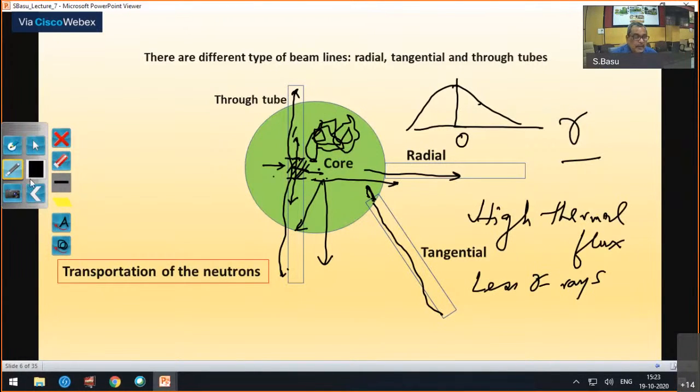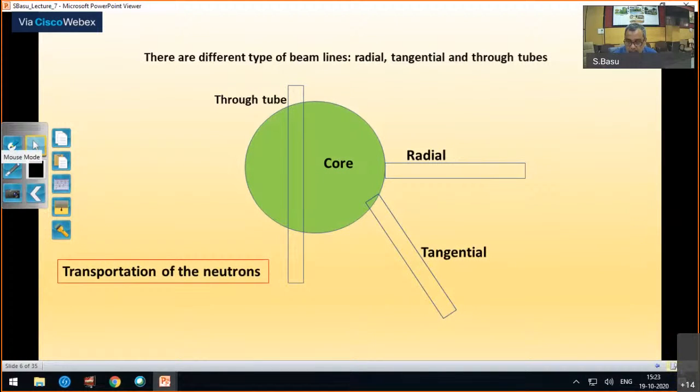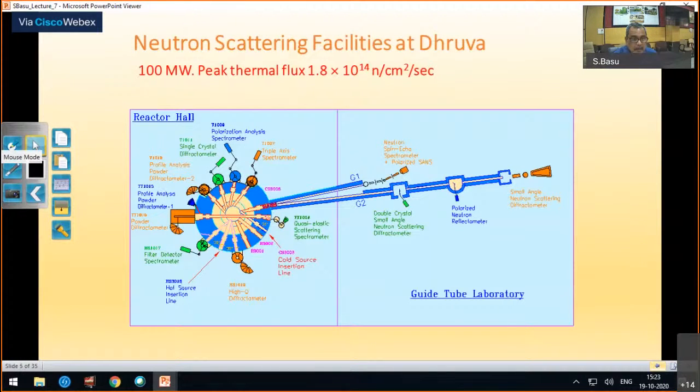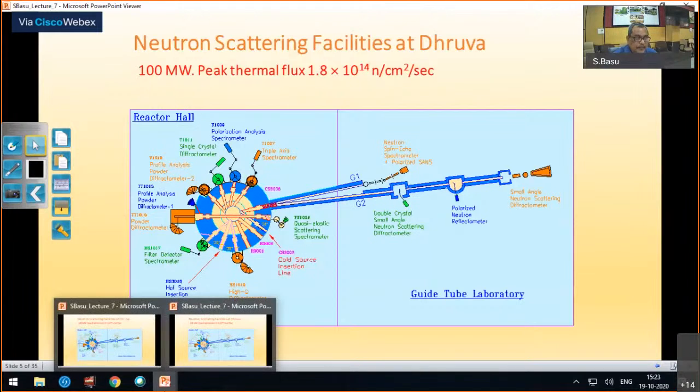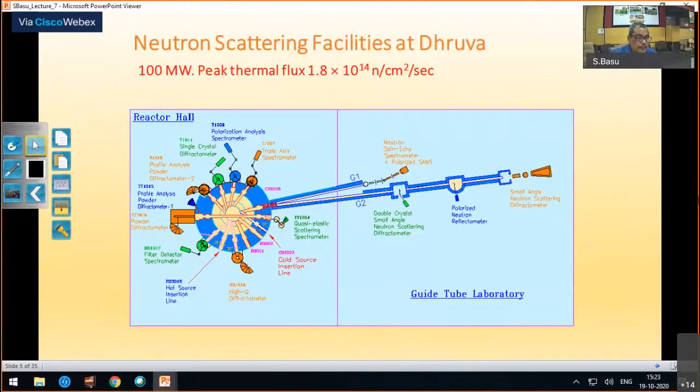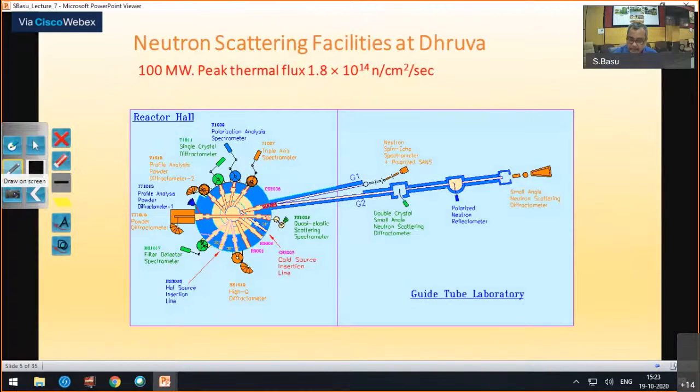Another very important thing in today's neutron scattering: when I showed you the plan, I showed you the reactor hall, and I showed you two long lines. These are known as neutron guides. You can use guides to transport neutrons out from the reactor hall, and this is done routinely.